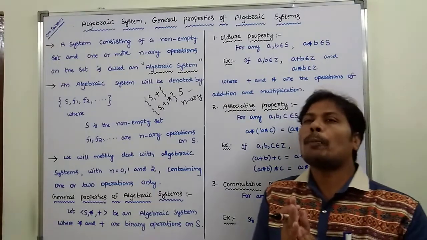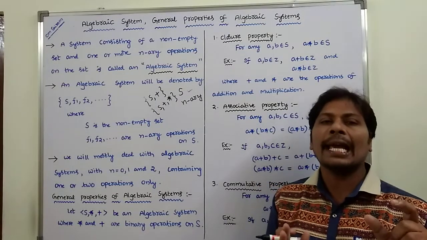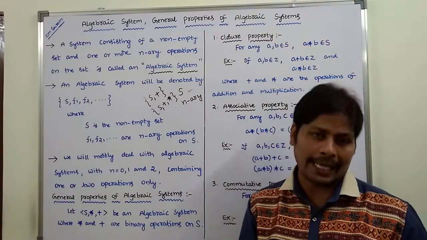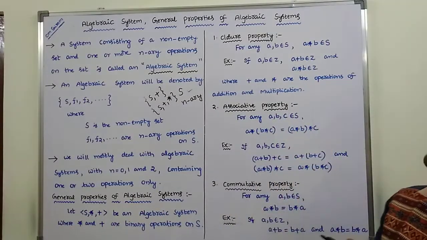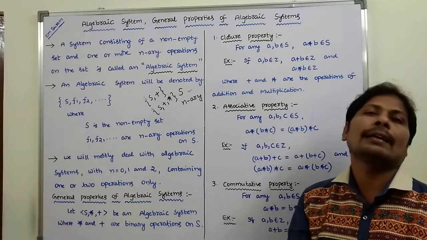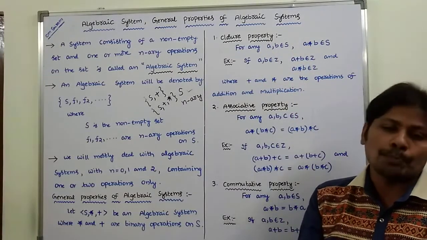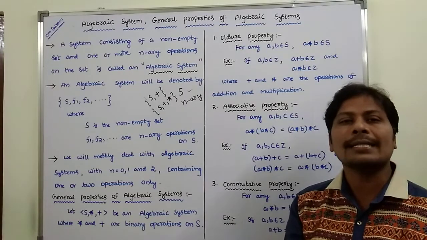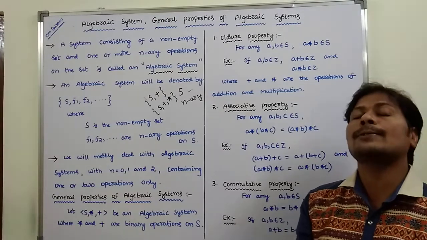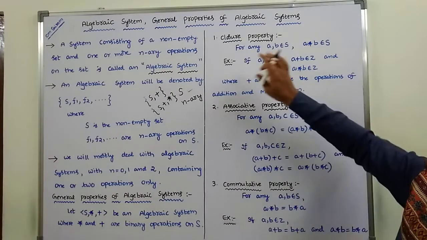Closure property means we take any two elements A and B from the non-empty set S, so A comma B belongs to S. Then A plus B also belongs to S, and A star B also belongs to S.